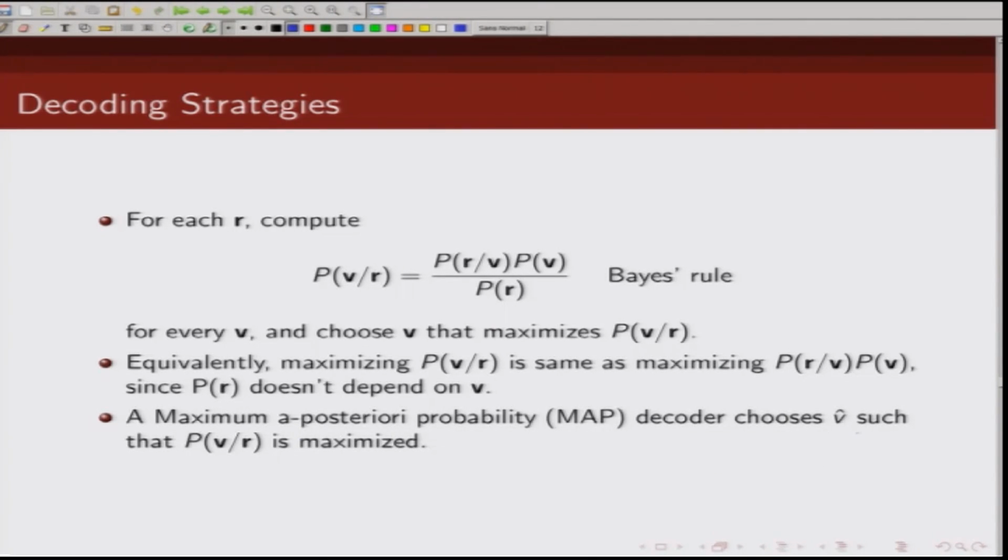It will choose a V hat such that this probability is maximized.